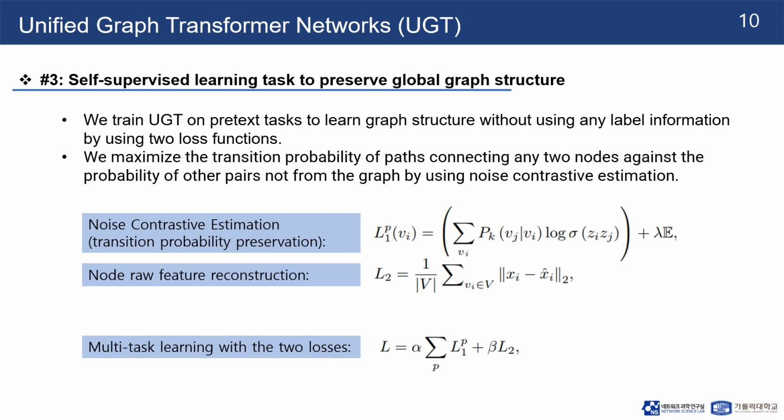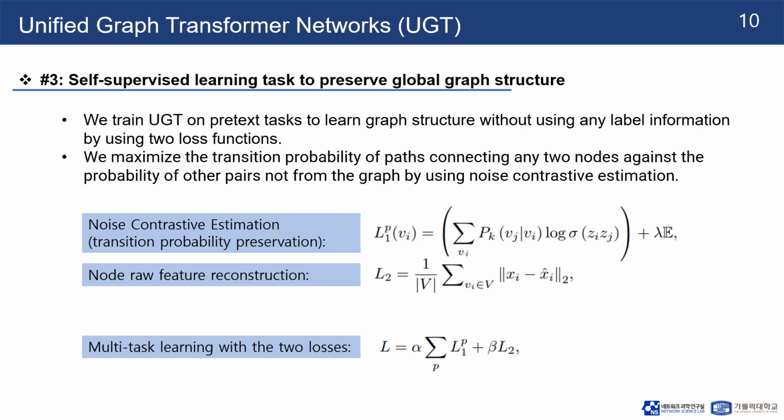Thus, we propose a self-supervised learning task to preserve the global graph structures. We train UGT on pre-training tasks to learn the graph structures without using any neighbor information by using two node functions.